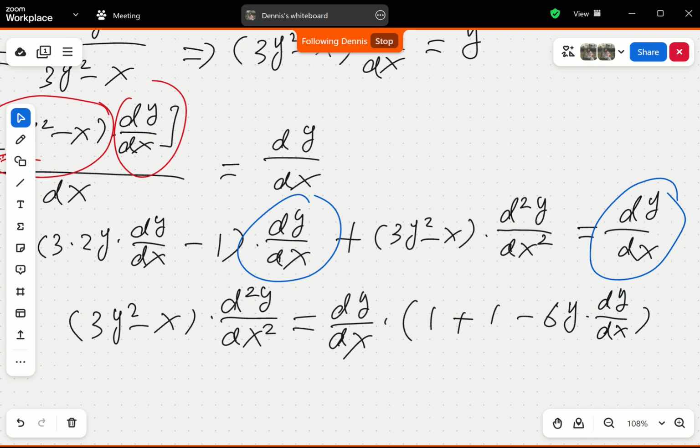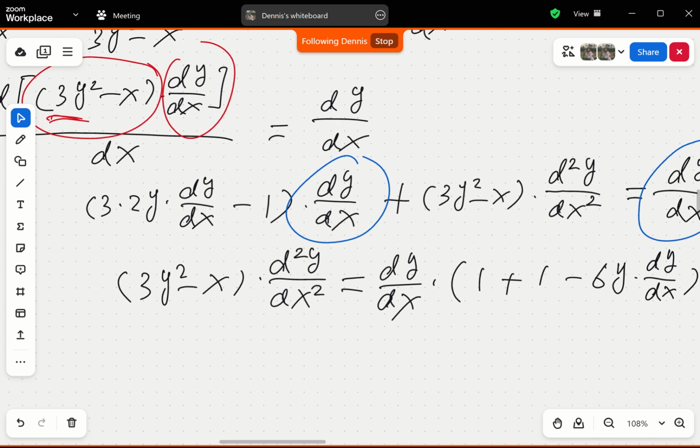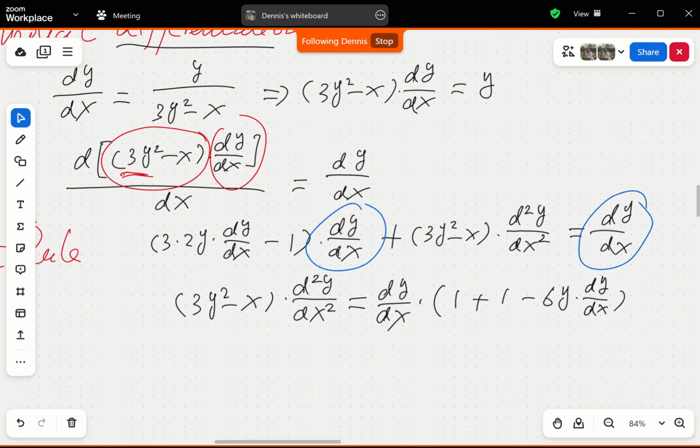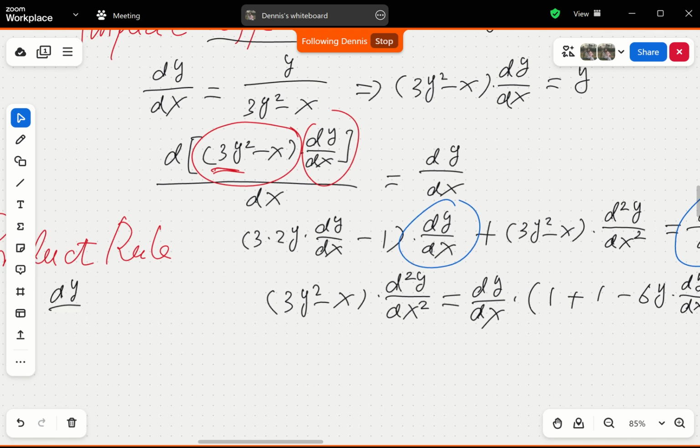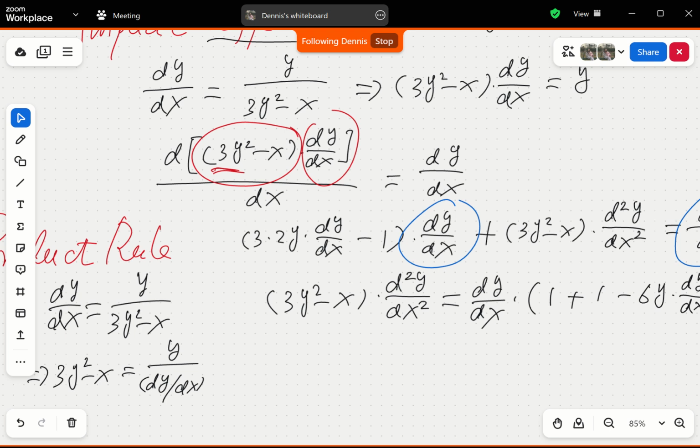Good. And note that here we can also simplify the 3y squared minus x because dy with respect to x is given by y over 3y squared minus x. So we can substitute 3y squared minus x by y over dy with respect to x.